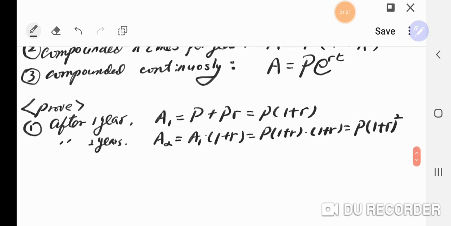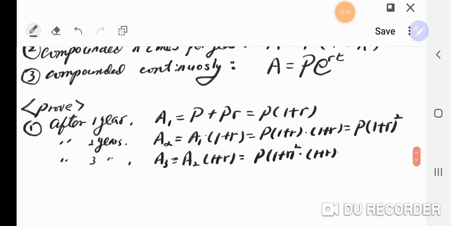After 3 years, the total amount A3 will be A2 times (1 plus R), so P times (1 plus R) to the third power. As you can see, there is a pattern. After 3 years, the exponent becomes 3.